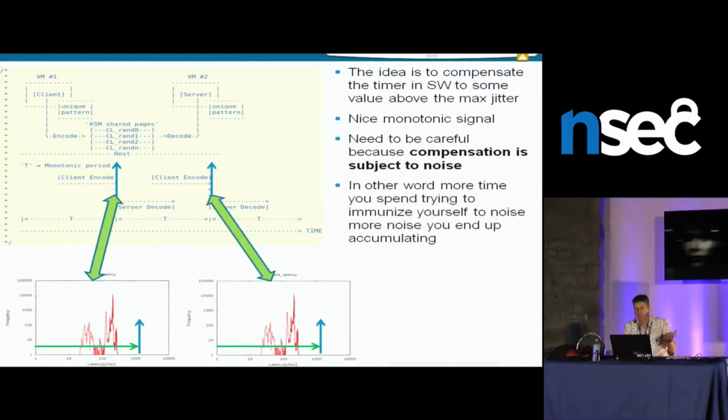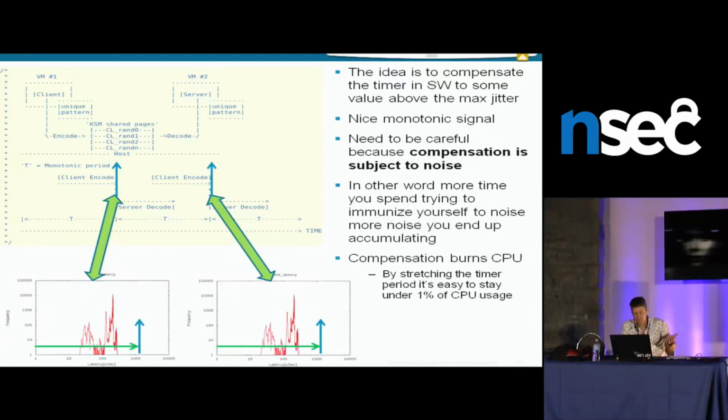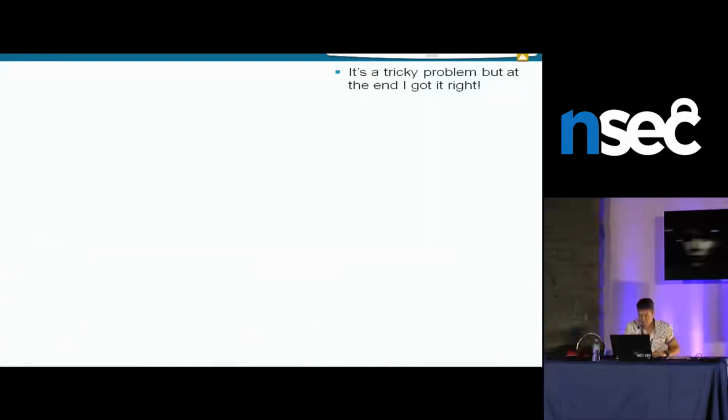In other words, the more time you spend trying to immunize yourself to noise, the more noise you end up accumulating. Obviously, the compensation on its own will burn CPU, but that's fine. All we have to do is stretch the timer period to something bigger, and then we can compensate within that. It's a tricky problem, but in the end, I got it right.